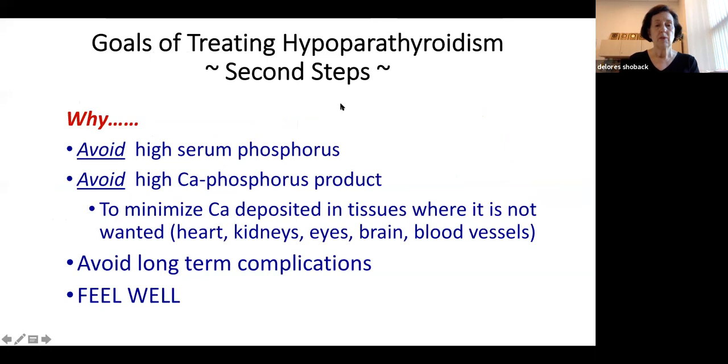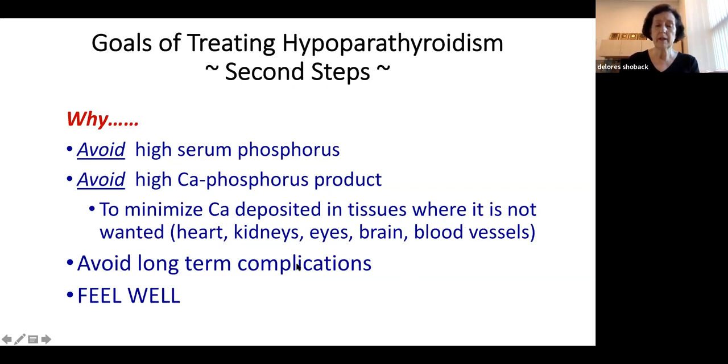Okay, so why are we doing all of this, or why is it so important to avoid a high calcium phosphorus product or a high phosphorus? Because we want to prevent calcium phosphorus deposits as salts in tissues where we don't want them: the heart, the kidneys, the eyes, cataracts, the brain, the blood vessels, and so forth.